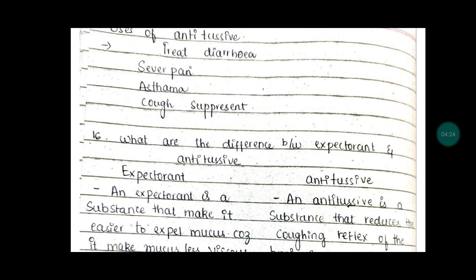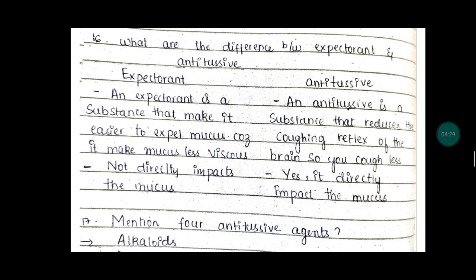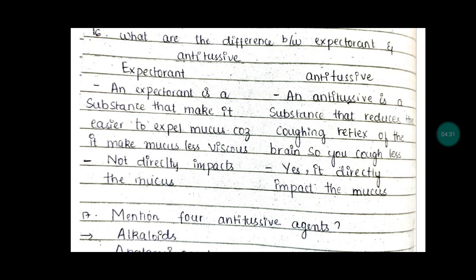Question number 16, what are the differences between expectorants and antitussives? An expectorant is a substance that makes it easier to expel mucus because it makes the mucus less viscous, whereas an antitussive is a substance that reduces the coughing reflex from the brain, so you cough less.